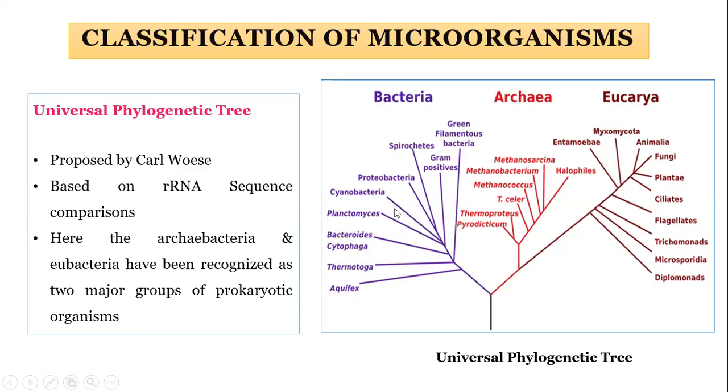So broadly, bacteria includes cyanobacteria, gram positive and gram negative cells. Apart from cyanobacteria and gram positives, the rest are categorized as gram negative.